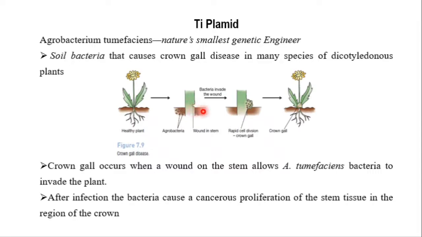The bacteria will invade this plant cell and form a cancerous growth in the crown part.